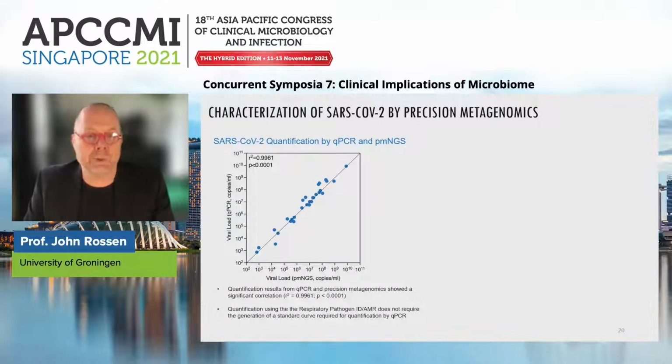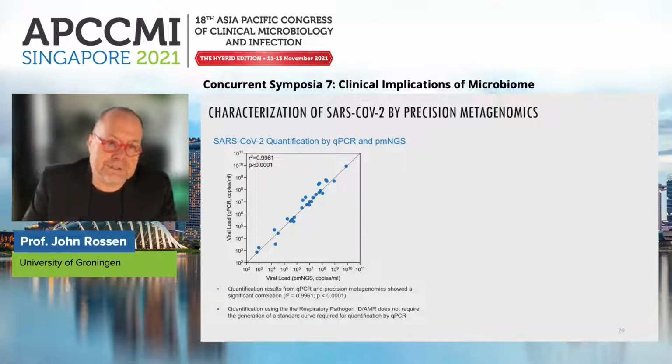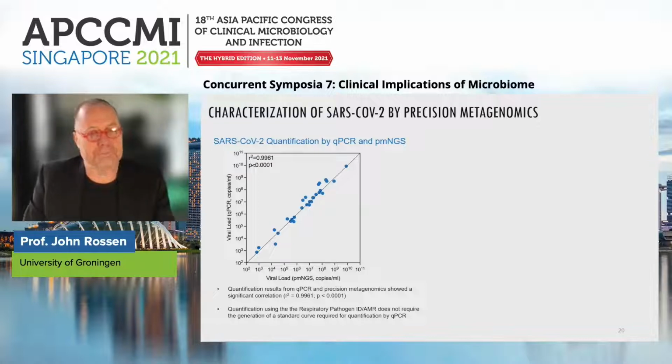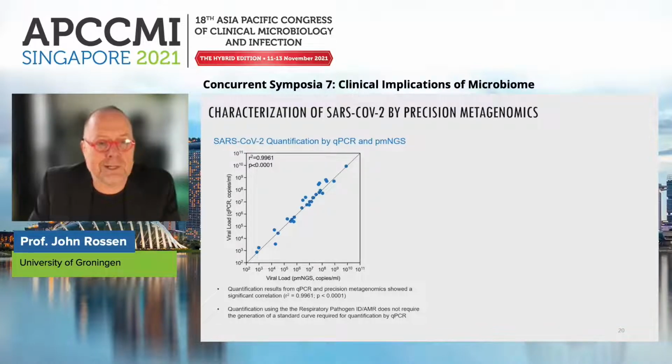And that this really works is shown here, where we did this for SARS coronavirus 2. Here we compared SARS-CoV-2 quantification by qPCR with precision metagenomics. So on the x-axis, you see the viral load as detected by precision metagenomics, and on the y-axis, the viral load as detected with real-time PCR.